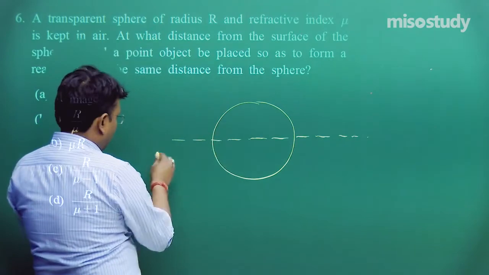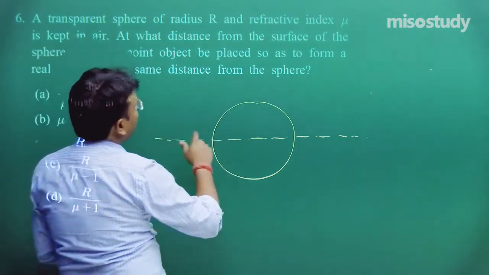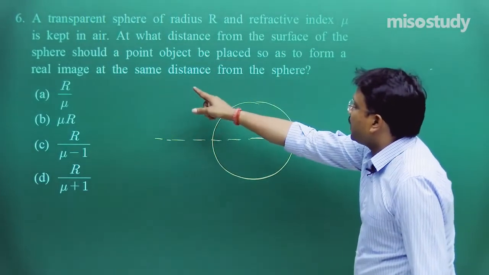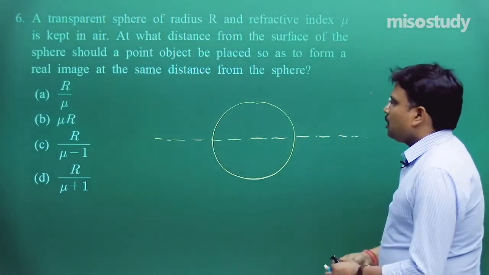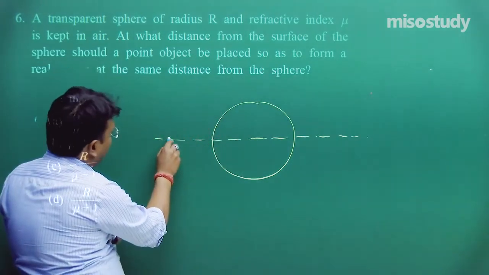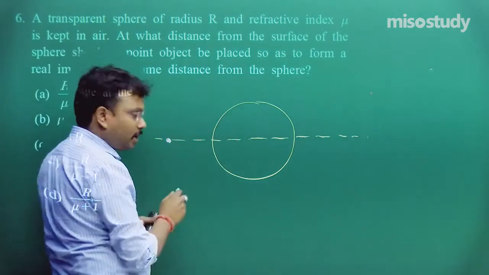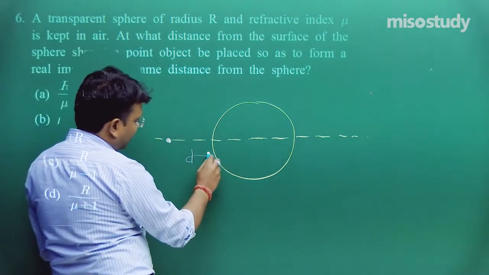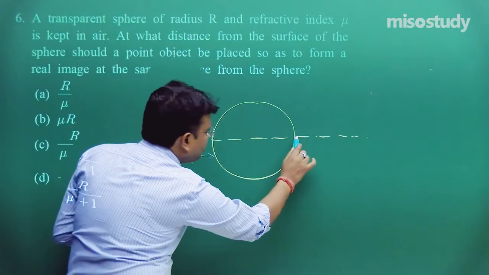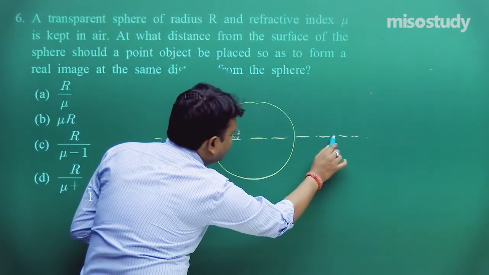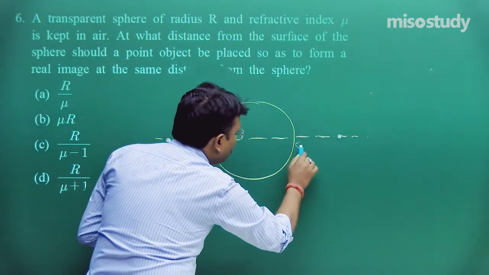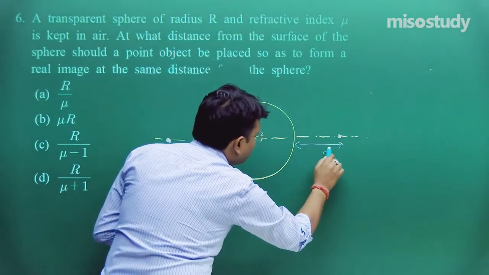Then they said a point object so as to form a real image at the same distance. Let us say the point object is situated at this point, and this distance is d. As per the question, the image must be at distance d.